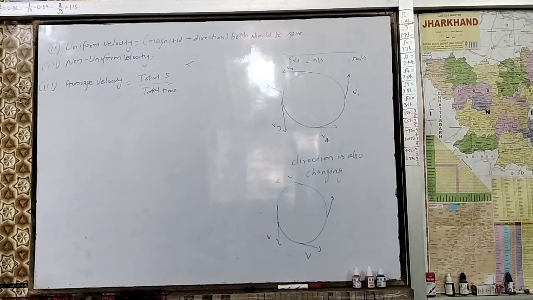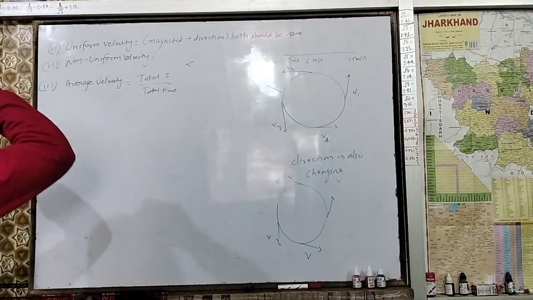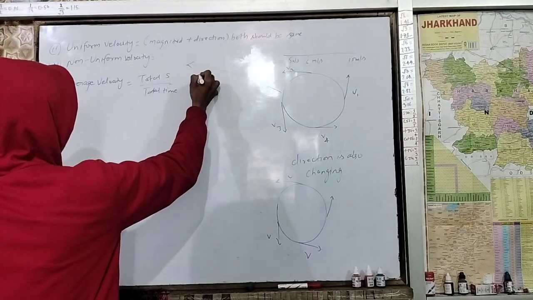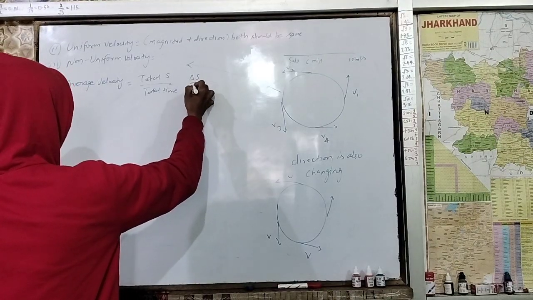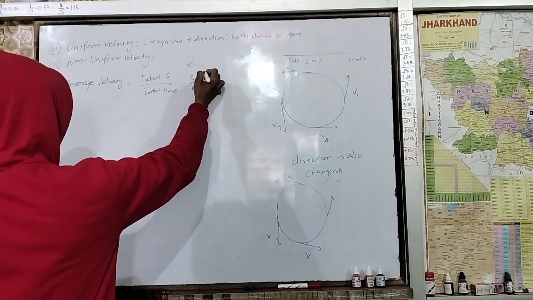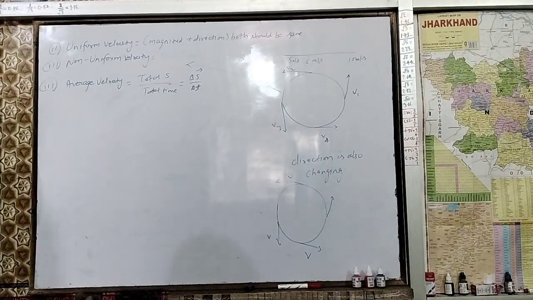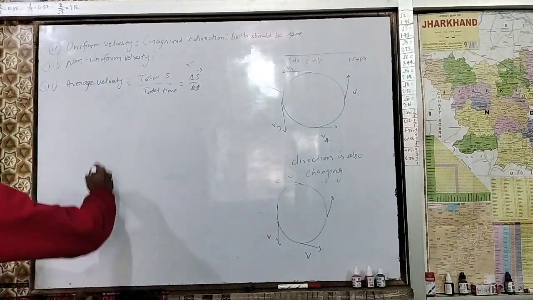There is a main point: this total distance can be written as delta S upon delta T. Delta means total.